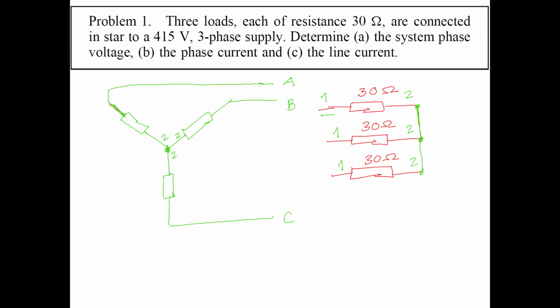What are the four quantities? Two of them are related to voltage and two of them are current, right? So one is line voltage, phase voltage, line current, and phase current. Can you identify in this figure all the phase components and the line components?